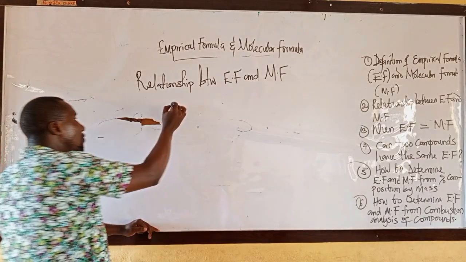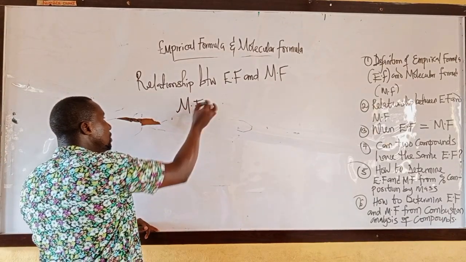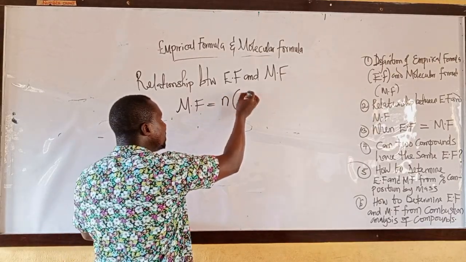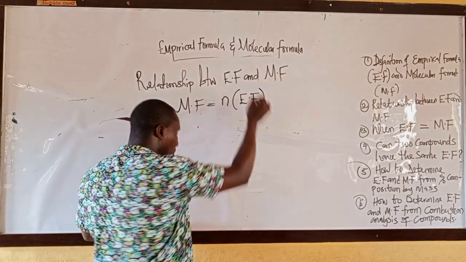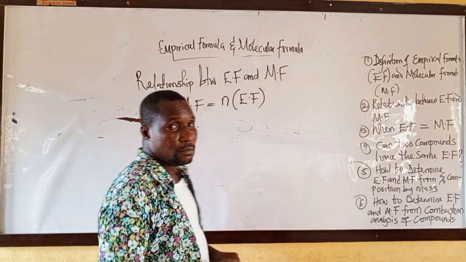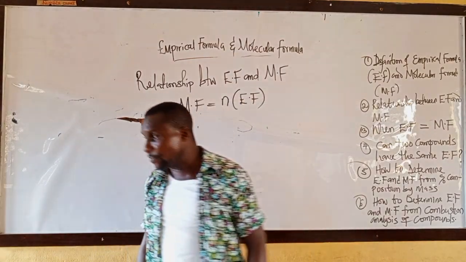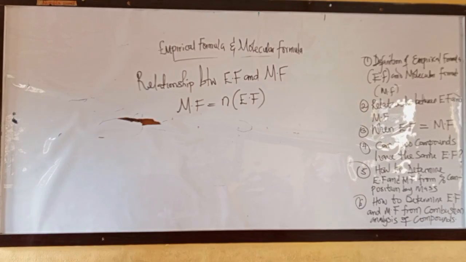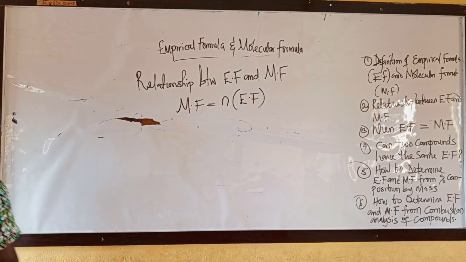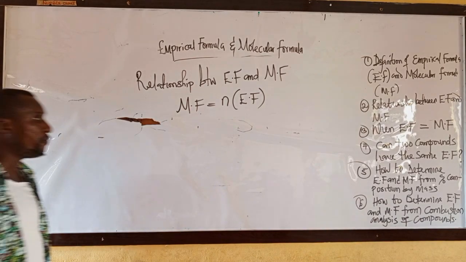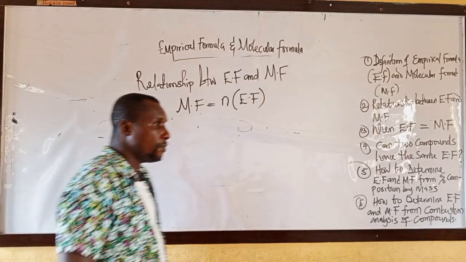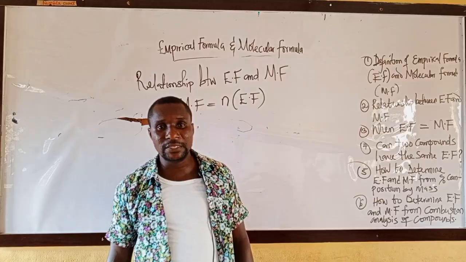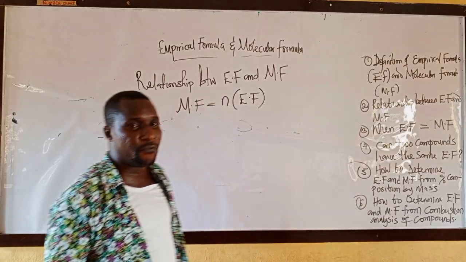The relationship is given as MF, which is molecular formula, equal to N times empirical formula. Take note of this. Molecular formula equals the ratio of molecular mass to empirical mass, times empirical formula.